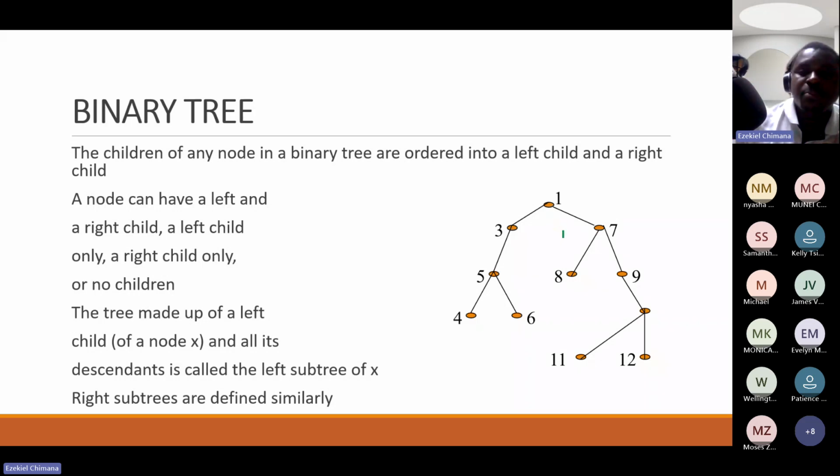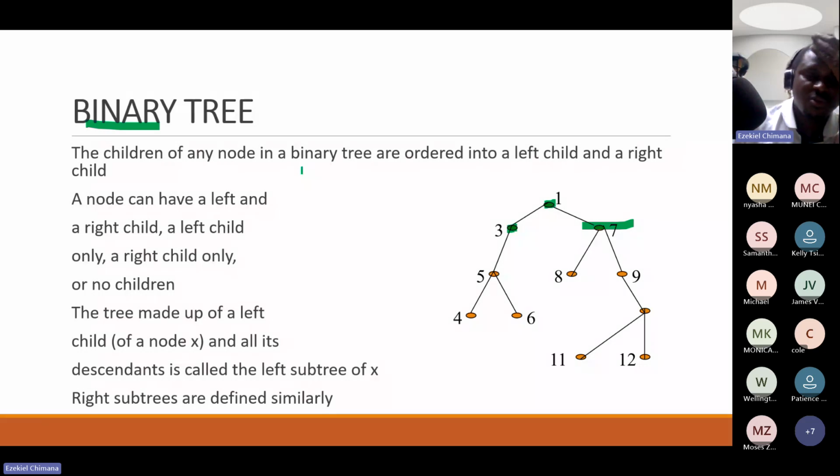It's either going to have 1 or 2 children. Like here we've got 2, here we've got 2, here we've got 2. But sometimes we can have a node which has only one child. So that's what we call a binary tree.